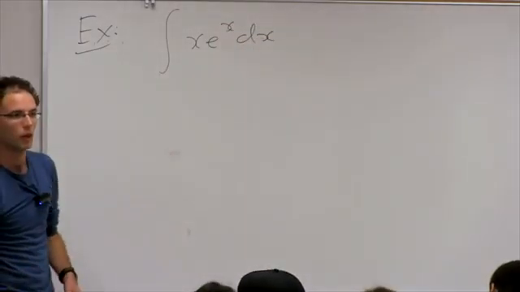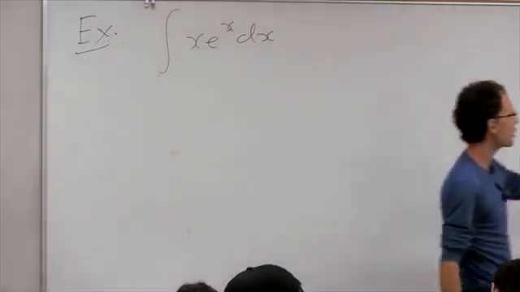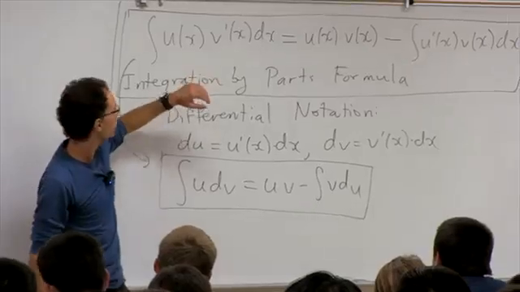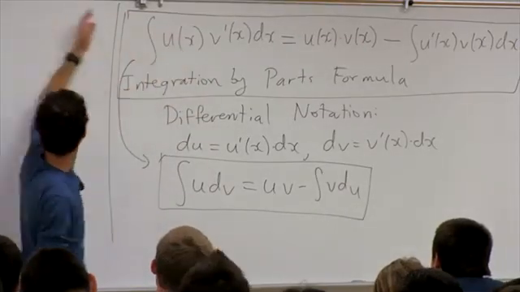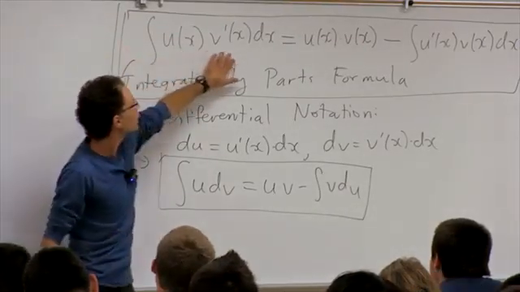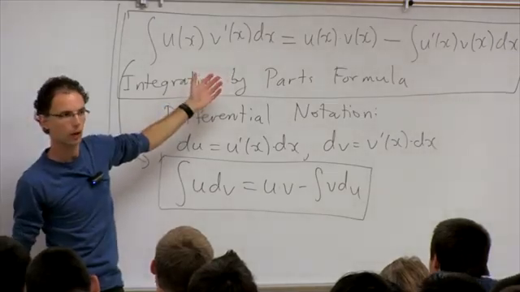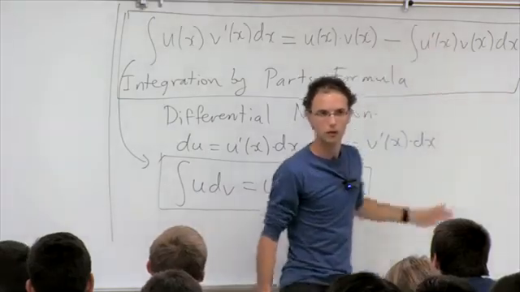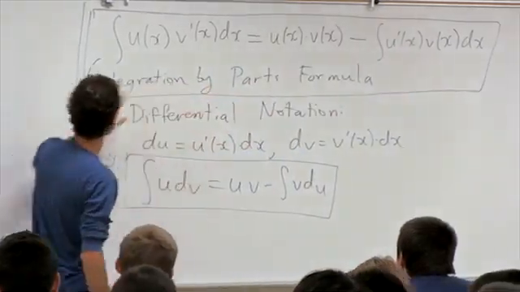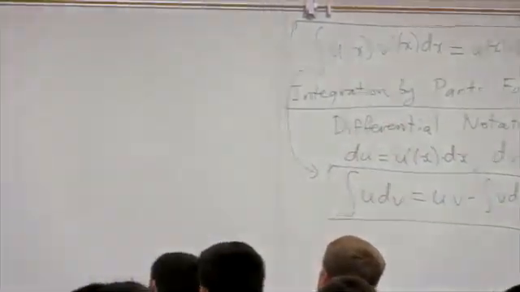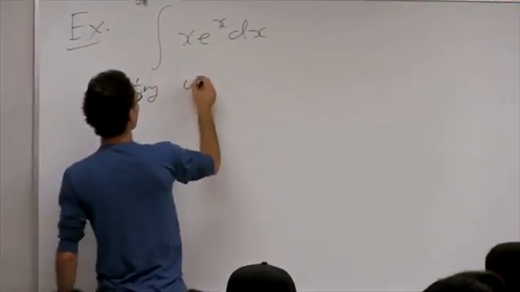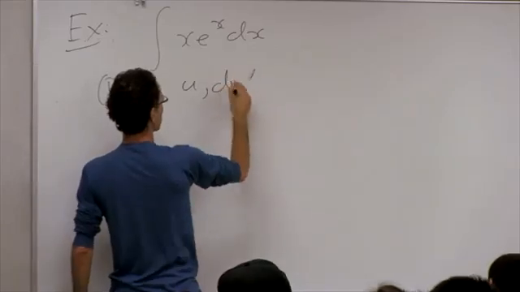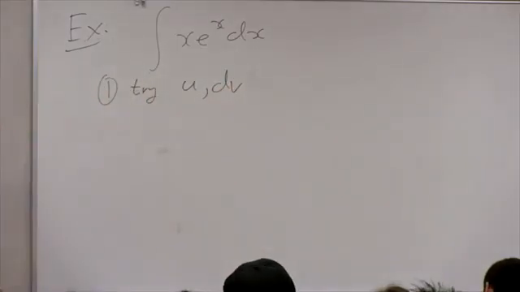To understand this formula, what we usually do is look at the top one, because everything is spelled out there. We have some integral like this one, and we want to first assign what u and v prime are. Once we have that assignment, we see what the rest of the formula tells us. So first we need to choose a u and a dv.